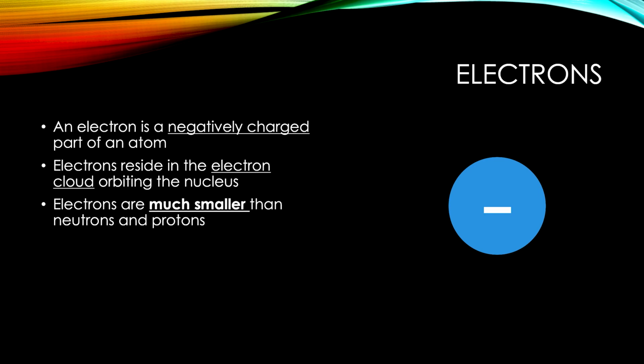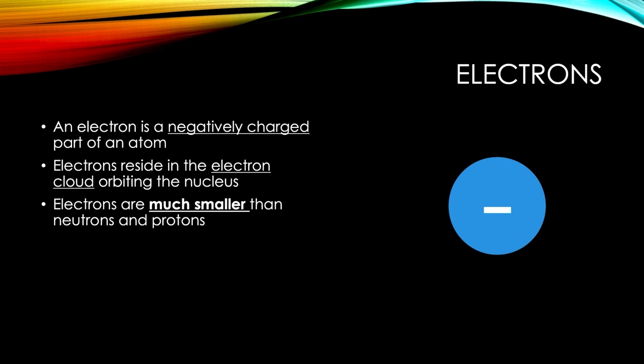And finally, we have electrons. Electrons are the negatively charged part of an atom. And electrons aren't in the nucleus. They're orbiting around the nucleus in something called an electron cloud. If you think about it, in this analogy, think of the Earth as the neutrons and protons in the nucleus. The moon is orbiting the Earth, right?